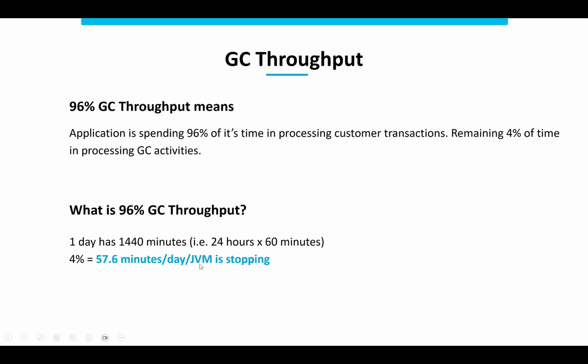That means this critical service is stopping for almost 60 minutes, 1 hour per day. It's not doing any work. It's doing garbage collection, but it's not productive work. It's not processing any customer transaction. For one day, it is kind of sleeping for 1 hour.